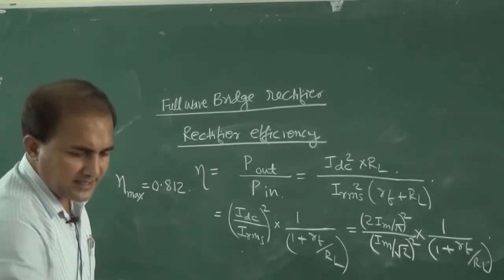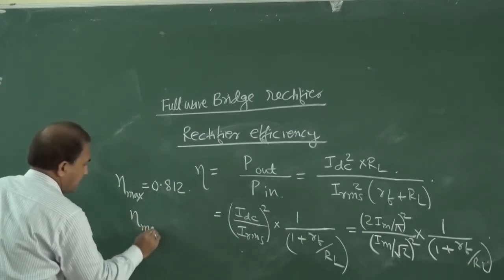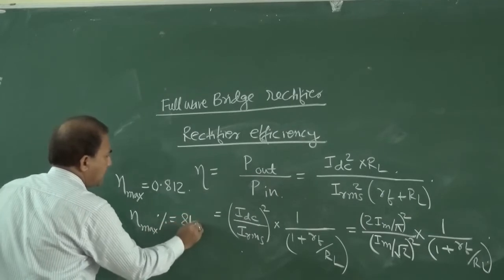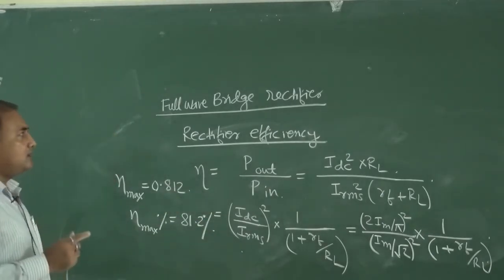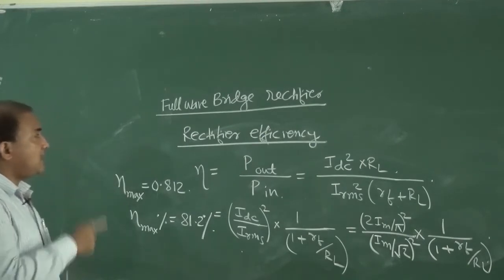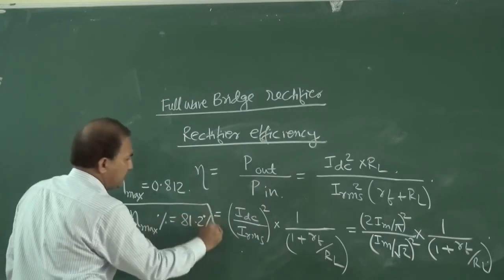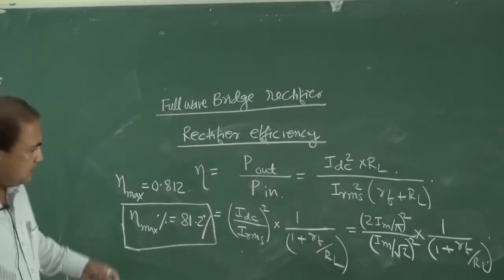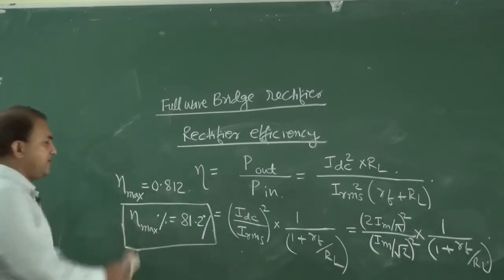So in terms of percentage, it is equal to 81.2%. The efficiency of a full wave bridge rectifier is 81.2%, so it is double as compared to the half wave rectifier.